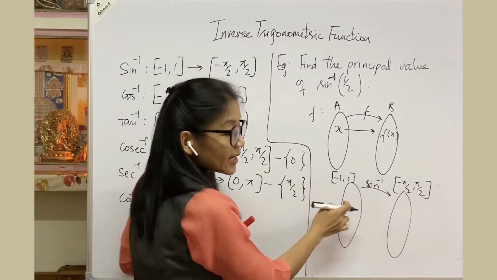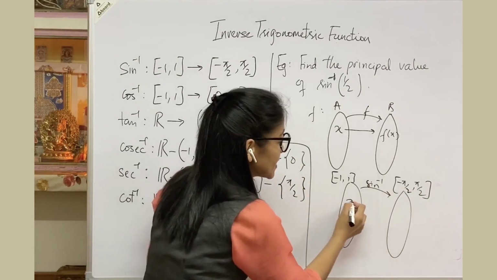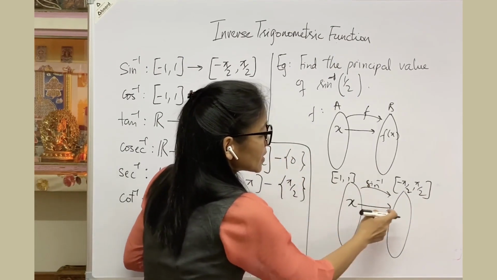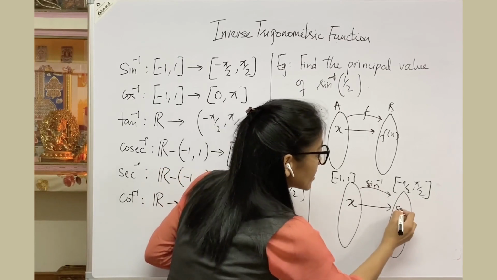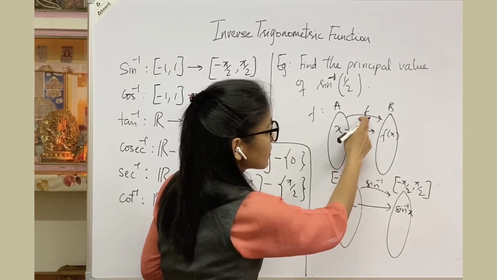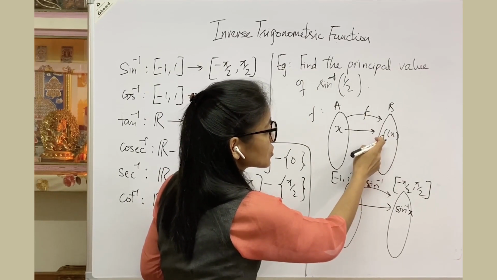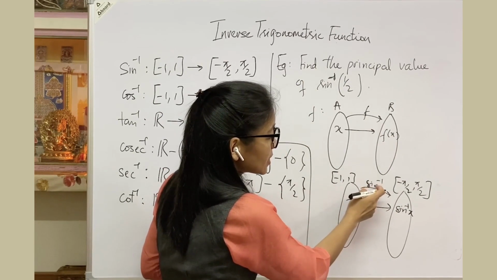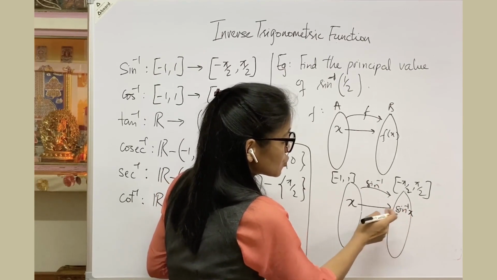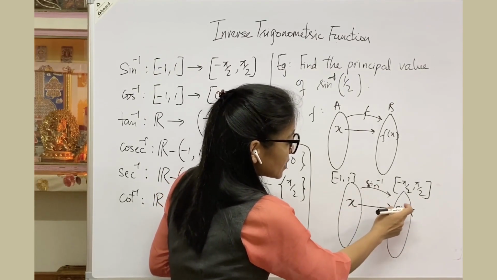If I take any element x in this set, then I will get an image here. When my function is f, then I write image of x under function f. Here my function is sine inverse, so I will write image of x under function sine inverse. So here we write sine inverse of x.